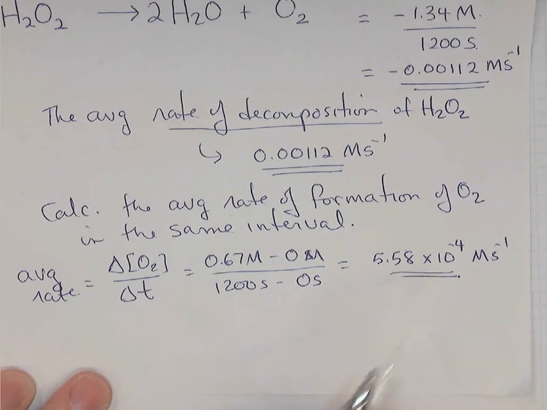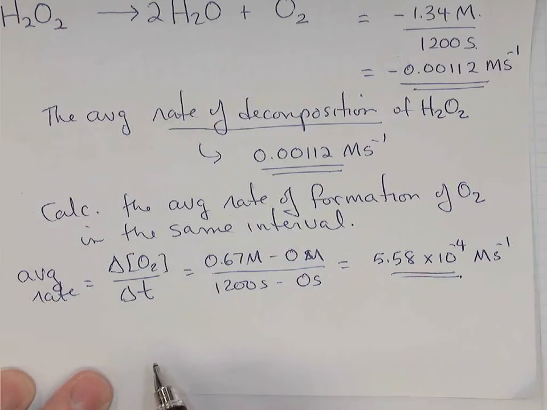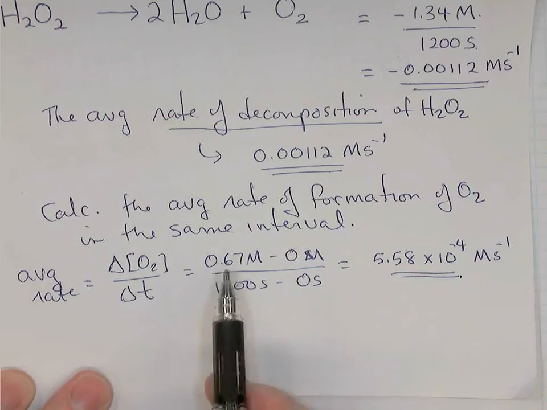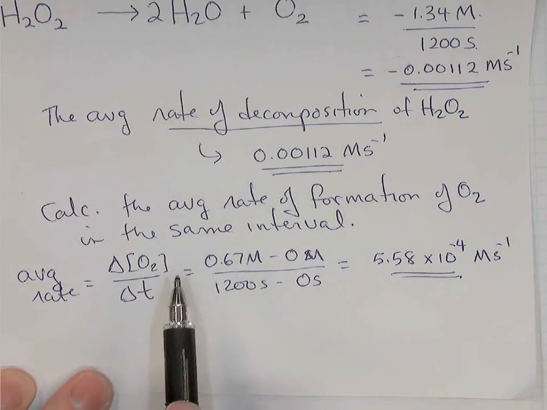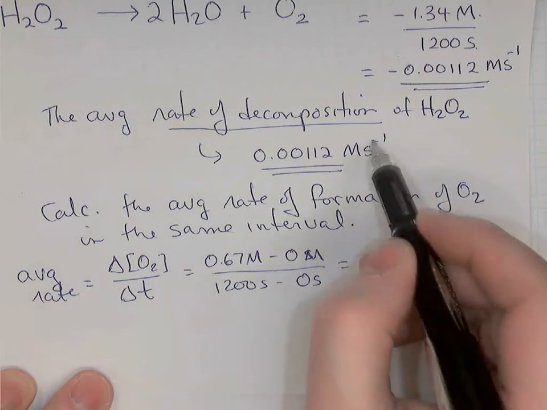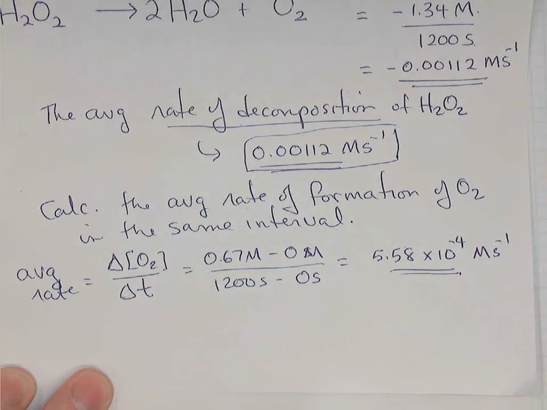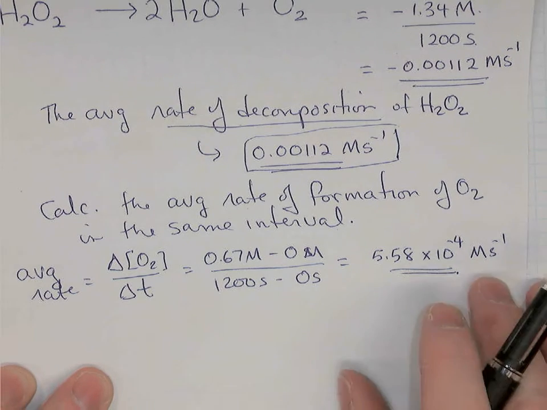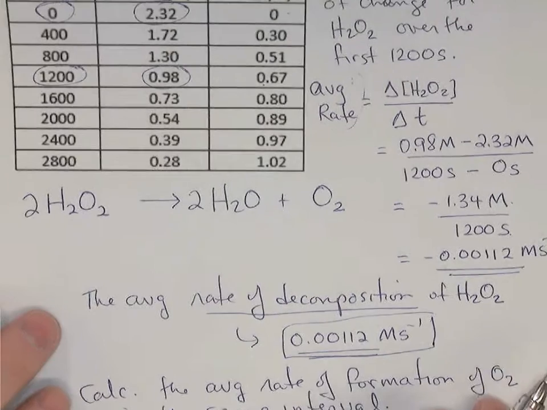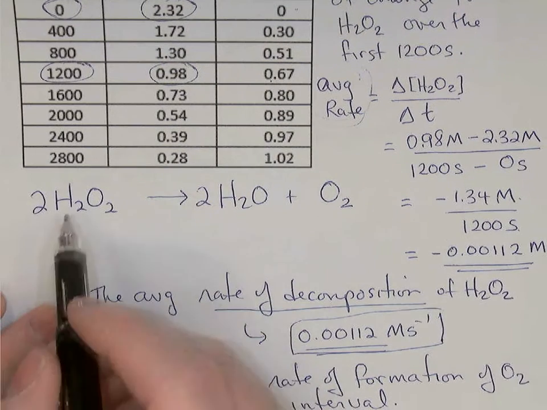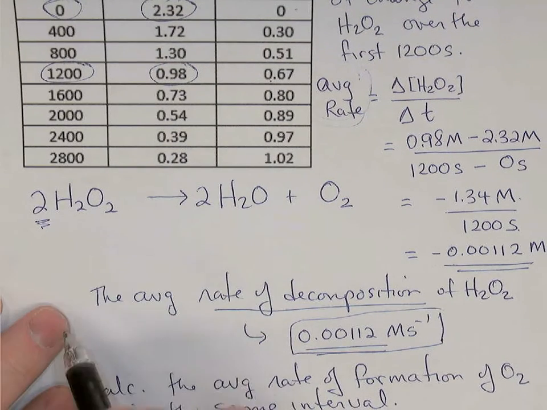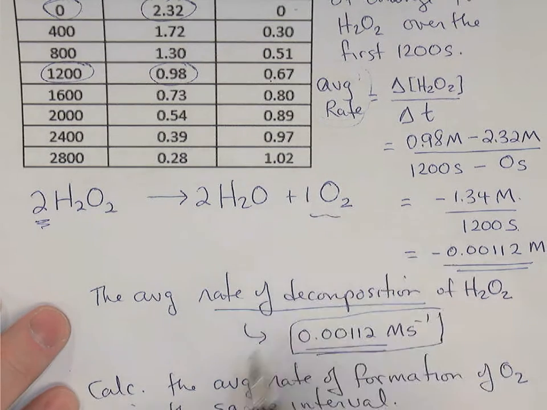Now, there was another way, though, that we could have found that rate, and that's because we already knew the rate of decomposition of the peroxide. We had calculated already that the peroxide was decomposing at a rate of 0.00112 molarity per second. If we look at the balanced equation, we notice that the ratio of coefficients, every time 2 molecules of hydrogen peroxide decomposed, 1 molecule of oxygen appeared.